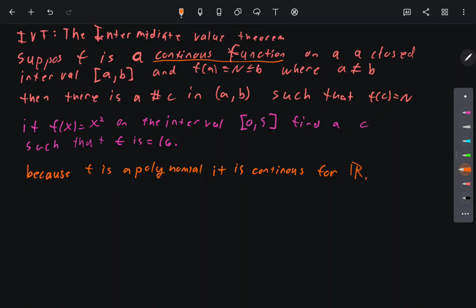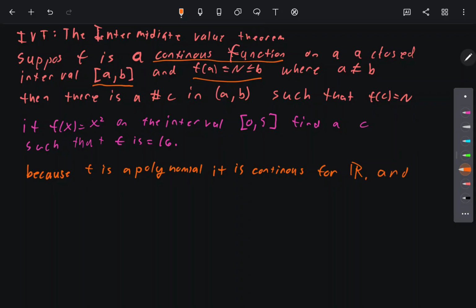Okay, now, the next thing that we need to show is that we need to first show that it's on a closed interval.